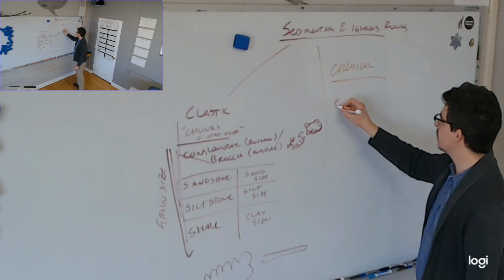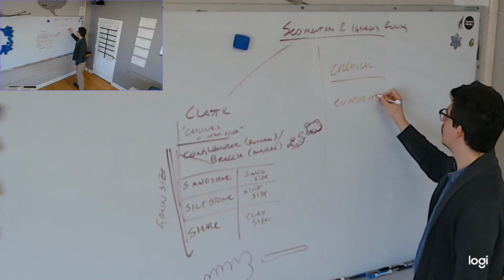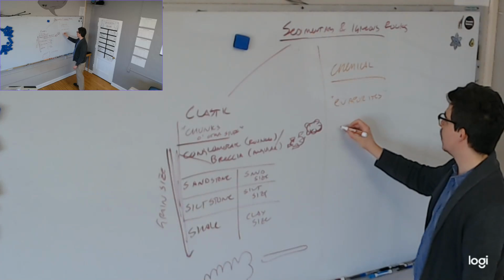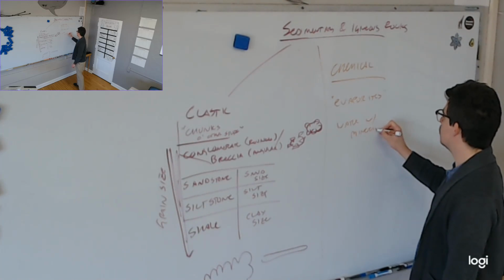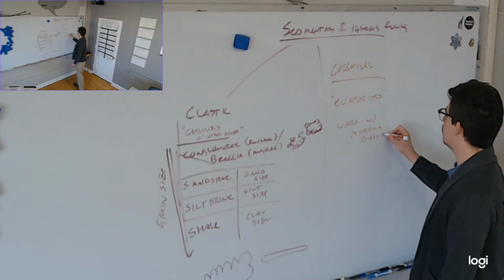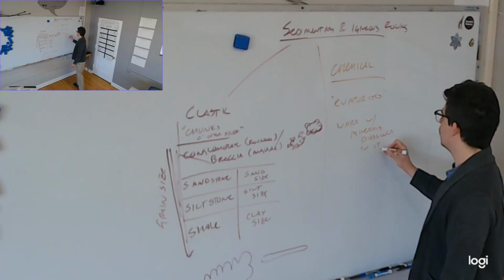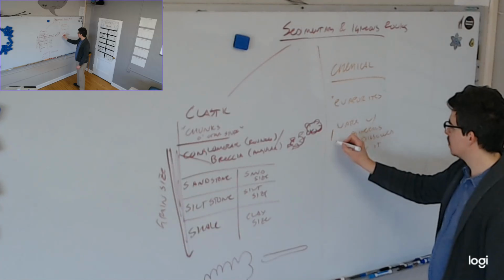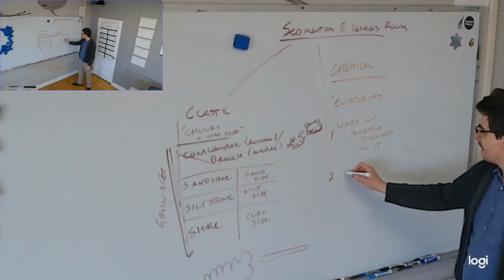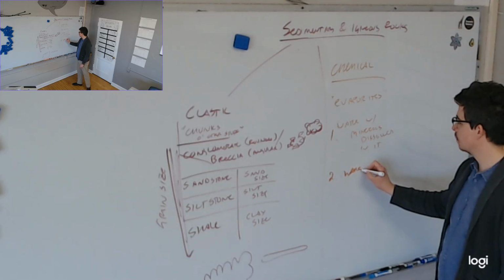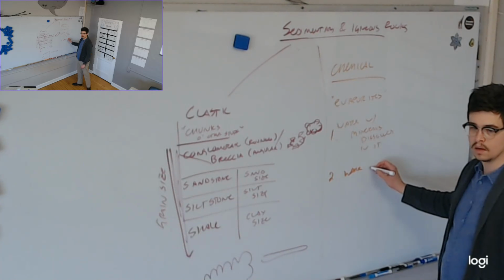So a lot of these are called evaporites, which are made from water with minerals dissolved in it. Step one is water with minerals dissolved in it. What's step two? The water does what? There's a hint in the name.